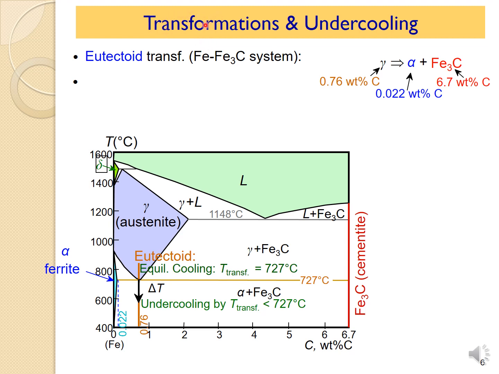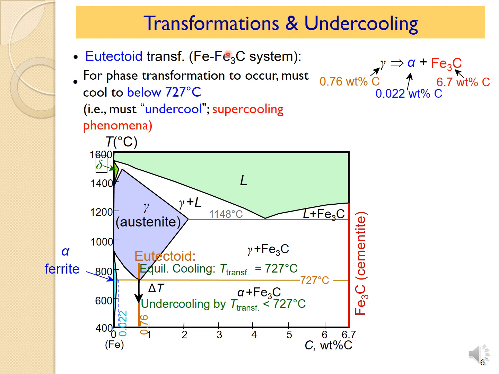So when phase transformations are induced by temperature changes, equilibrium conditions are maintained only if the heating or cooling is carried out at extremely slow and impractical rates. So in most of the cases, the transformation will be under non-equilibrium cooling. For non-equilibrium cooling, the transformations are shifted to lower temperatures, which is termed undercooling.